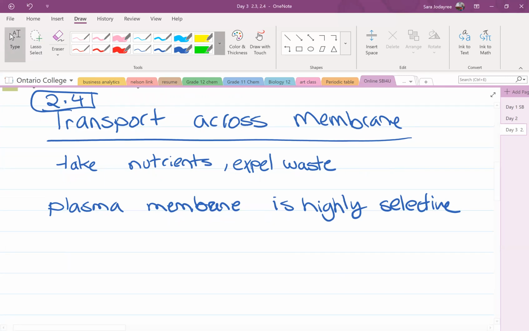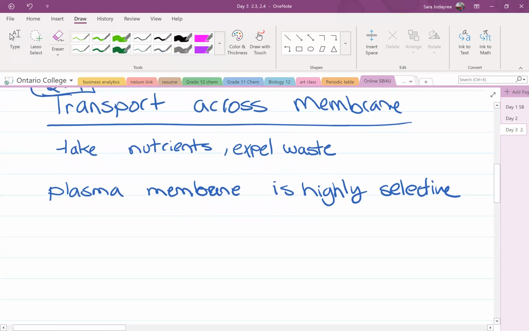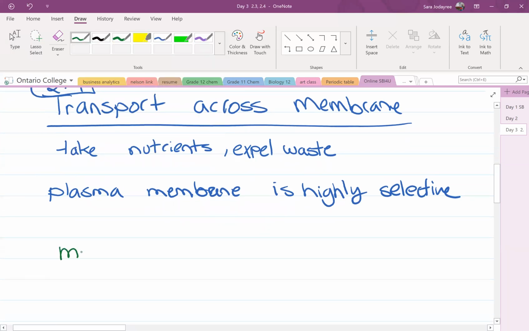So I'll write this down, and so it will help us remember. Mitochondria, and we studied what mitochondria is last week.